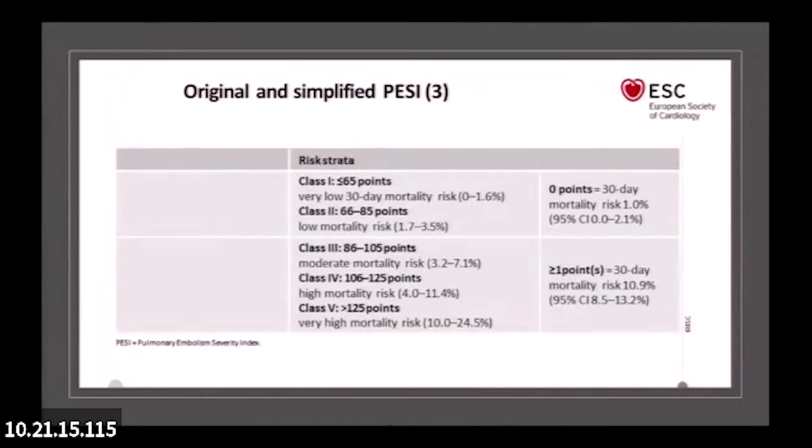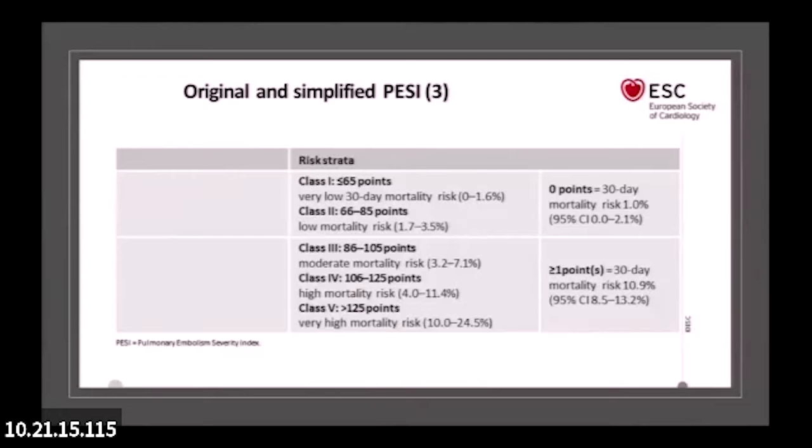So clinically, before the patient goes into those three phases, in the ER or on the floor, we have a score to stratify the risk. That's called the Pulmonary Embolism Severity Index, or PESI score. The score ranges from 0 to more than 125 points, and it is classified into 5 classes.